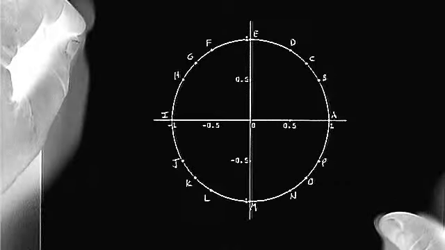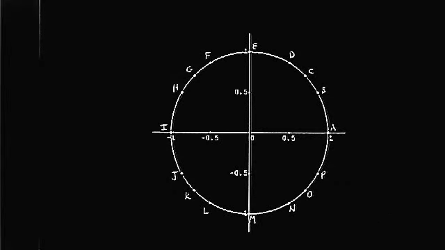I need to be able to look at a unit circle like this and ask you questions like, where do you find 4 pi over 3? Which letter represents 4 pi over 3? Which letter represents 330 degrees? Which letter represents negative 7 pi over 6? So you need to be able to answer those questions.